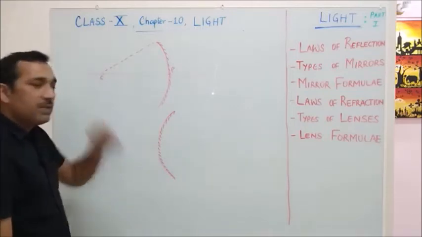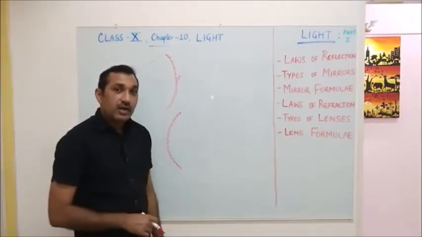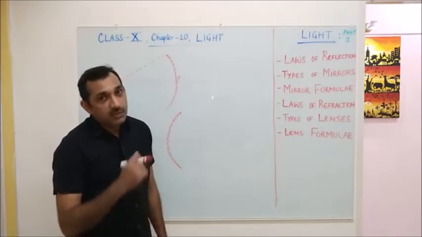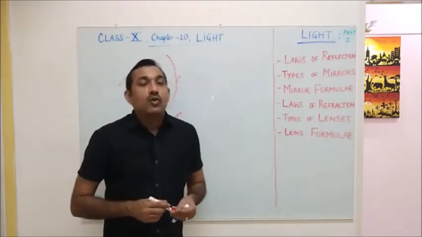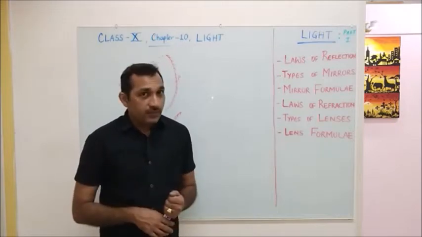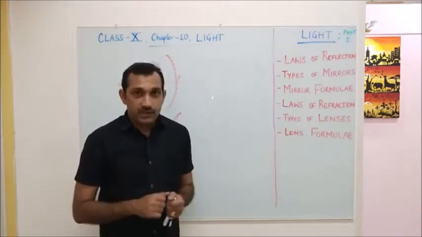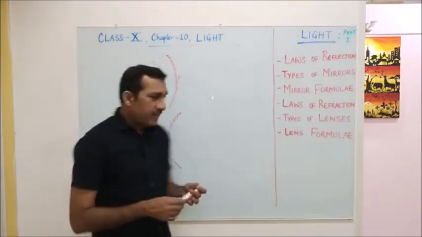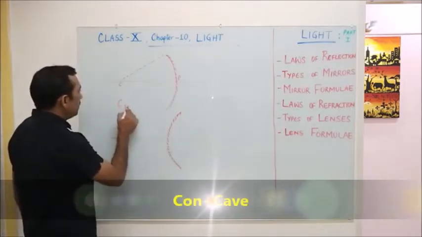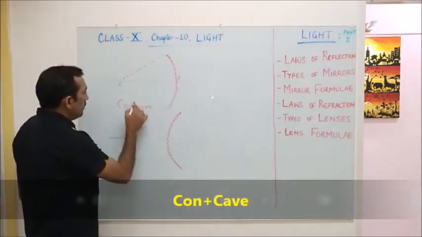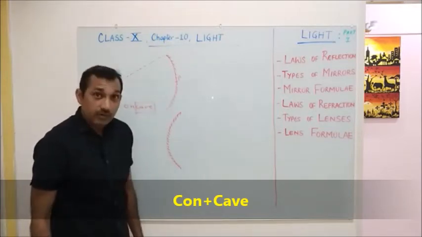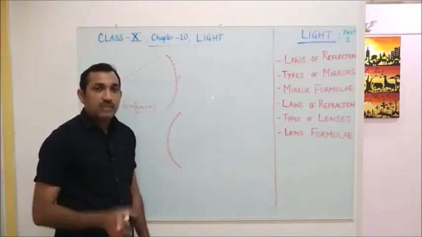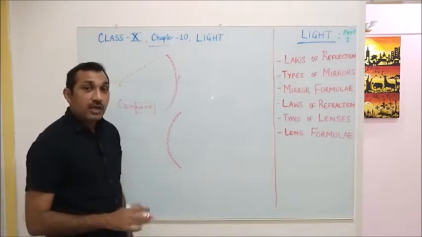Now, one of them is called a concave mirror, another one is called a convex mirror. How do we remember which one is concave and which one is convex? If I write concave, what is this word? This is cave. It's very easy to remember now.